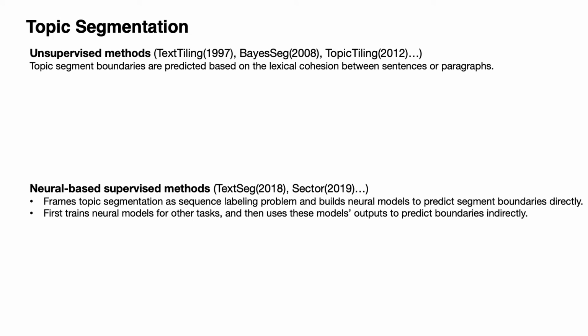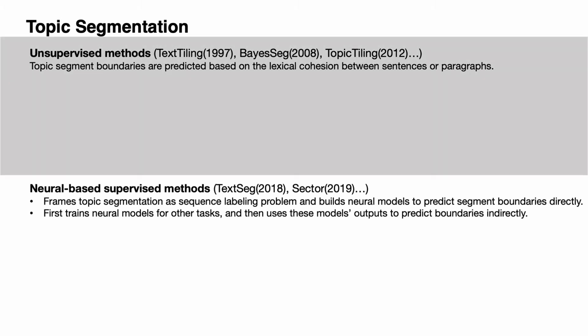First, let's take a quick look at the existing approaches for topic segmentation. Briefly, the previous work can be categorized into unsupervised and neural-based supervised methods. The gist of the early unsupervised methods is to predict the topic segment boundaries based on the lexical cohesion between sentences or paragraphs.